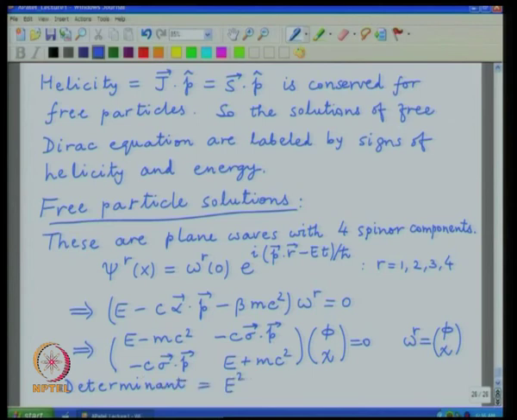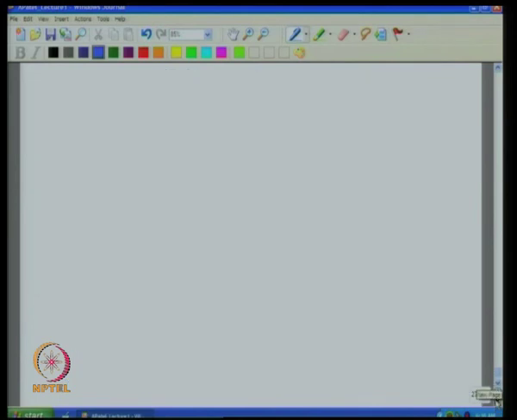So, it is E squared minus m squared c to the fourth minus c squared p squared is equal to 0, as required for a non-trivial solution to exist. So, now let us just see what the solutions are.